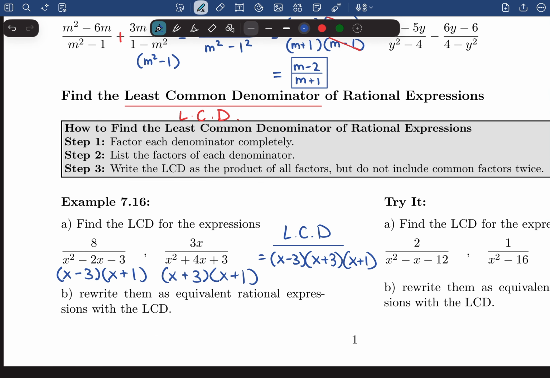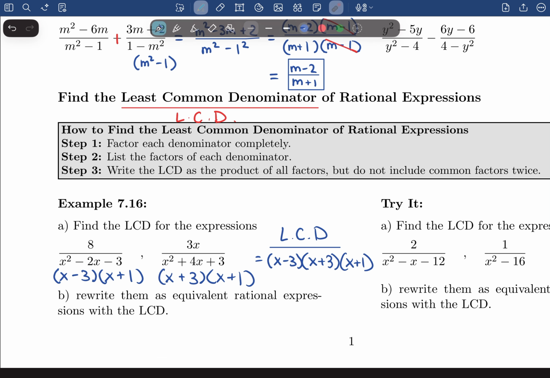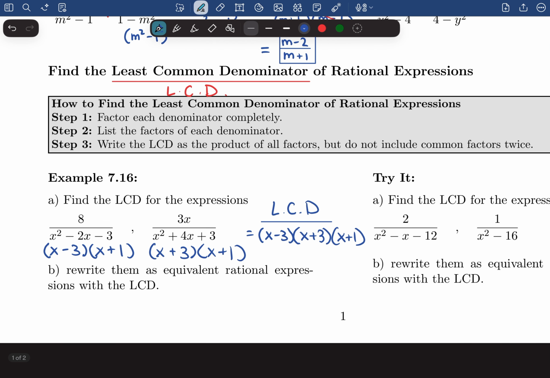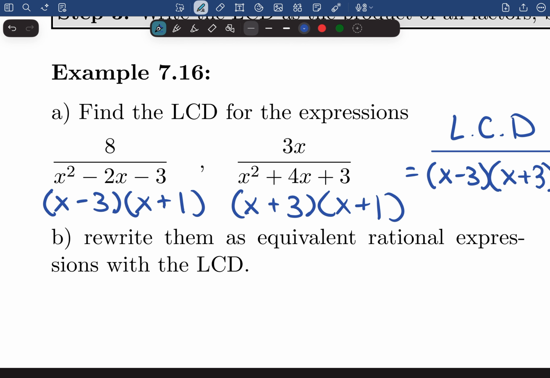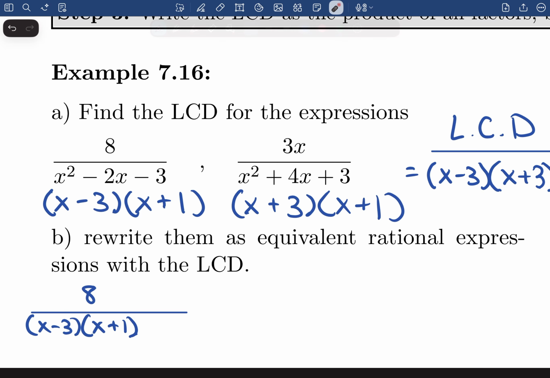Now, what I can do is rewrite these rational expressions here and here as equivalent rational expressions with the same denominator, right? Because we're going to try to make denominators the same. So if I see this 8 over x minus 3 times x plus 1, this fraction right here that I'm dealing with, and I wrote this stuff in factored form.